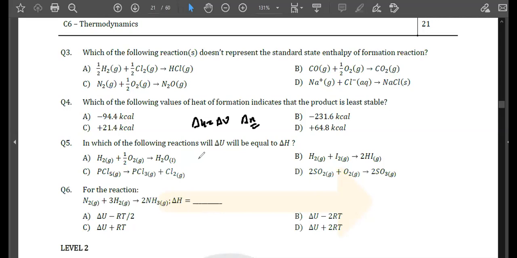I just discussed this. Delta H is equal to delta U plus delta Ng RT, right? Please at least think about a problem before asking. So delta Ng is 0, then delta H is equal to delta U. Just think in which reaction delta Ng is 0. Tell me.